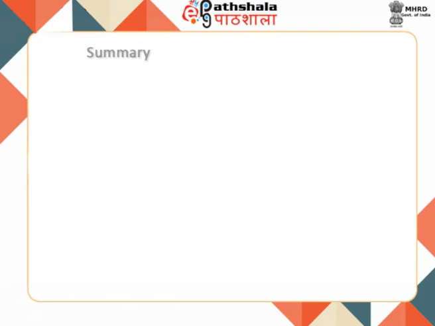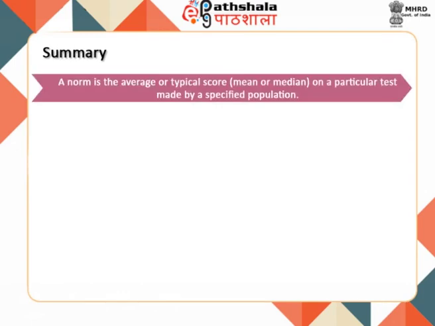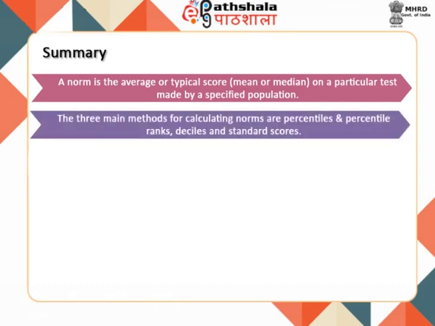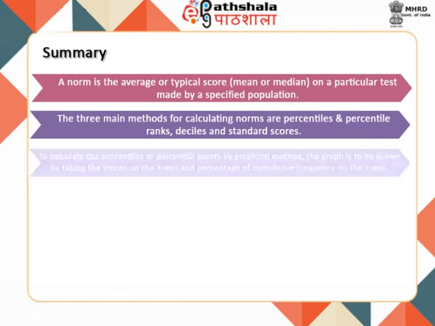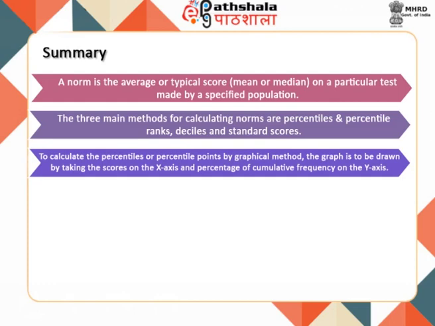Let us now summarize what we have learned in this module. A norm is the average or typical score, mean or median, on a particular test made by a specified population. The three main methods for calculating norms are percentiles and percentile ranks, deciles, and standard scores. To calculate the percentiles or percentile points by a graphical method, the graph is to be drawn by taking the scores on the x-axis and the percentage of cumulative frequency on the y-axis.